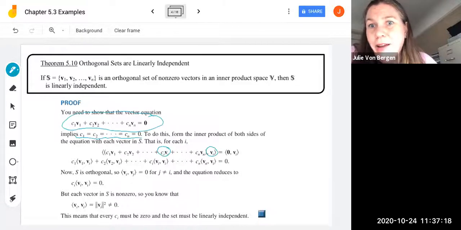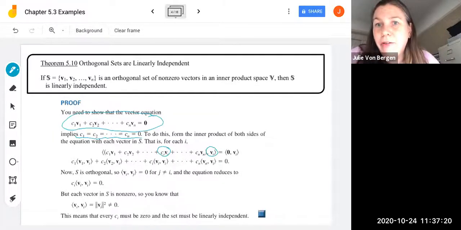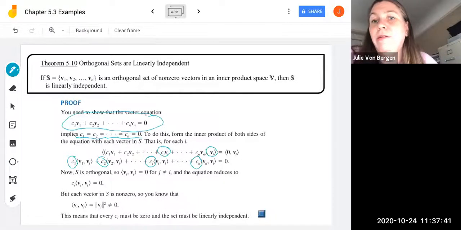And so that tells us that if you pull C1 out of the inner product, using our inner product properties, you have V1 inner product with Vi plus C2 pulled out, V2 inner product with Vi. In the middle, you've got Ci inner product with Vi and Vi, plus Cn inner product Vn with Vi equals 0.